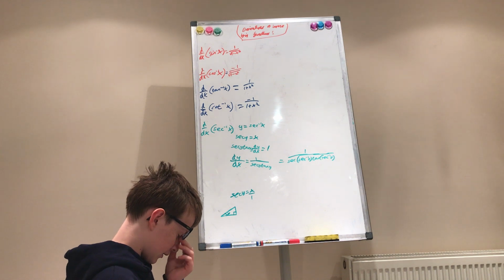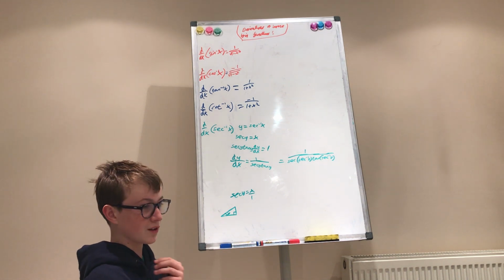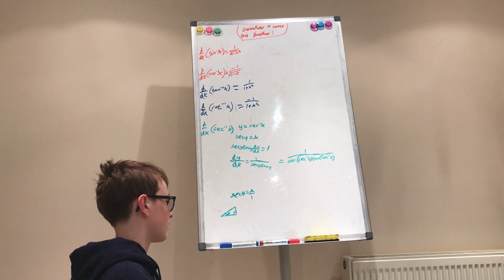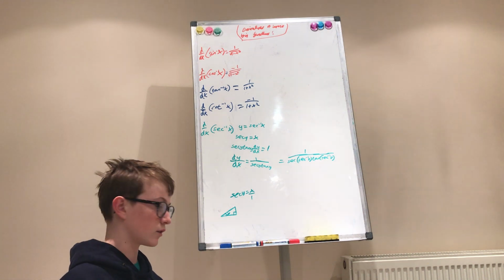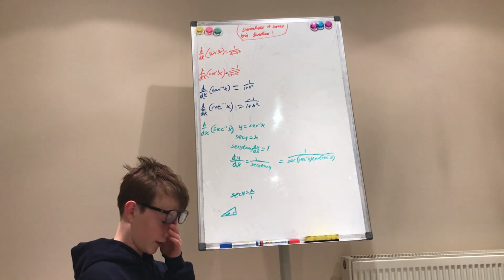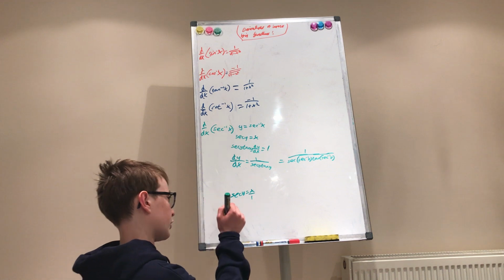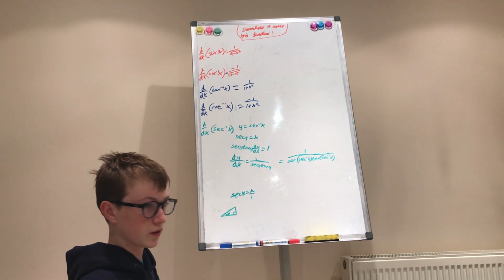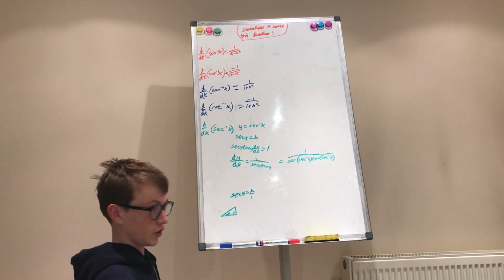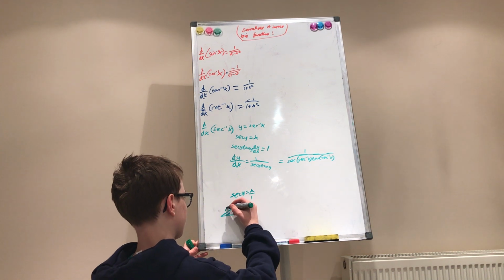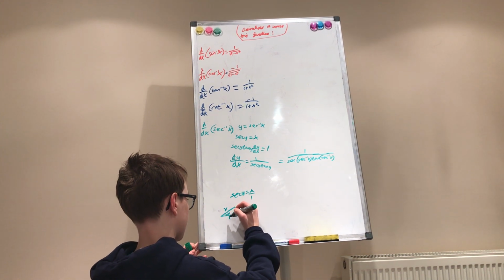Yeah, adjacent over hypotenuse would be cosine. I'm dying today. Okay, but hypotenuse over adjacent, okay? Because it's just the reciprocal of cosine. So this is the hypotenuse, this is the adjacent.